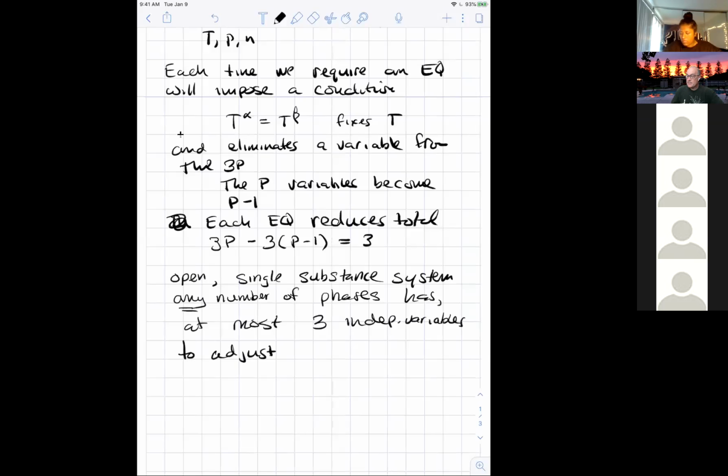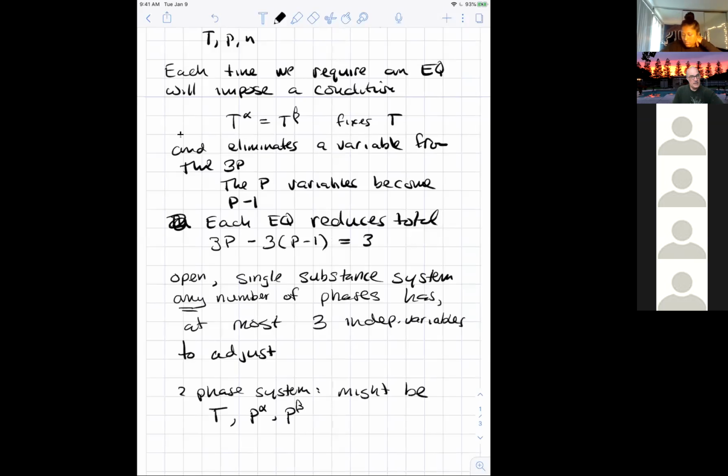So if we think about a 2-phase system, we might fix the temperature, right? That's a natural thing to fix. But we could also fix the pressure of the alpha phase and the pressure of the beta phase.